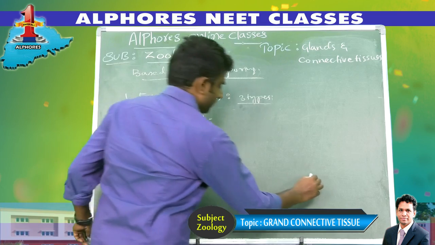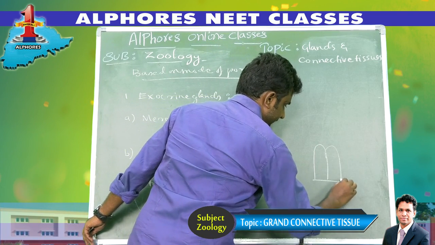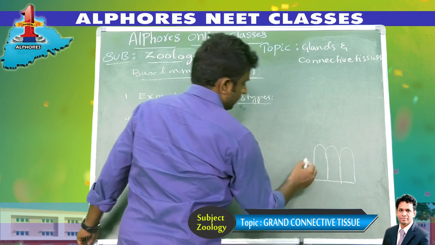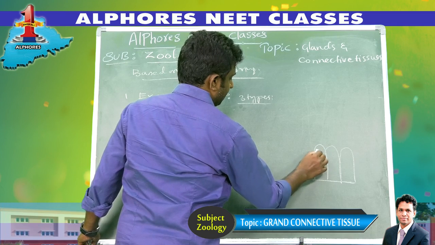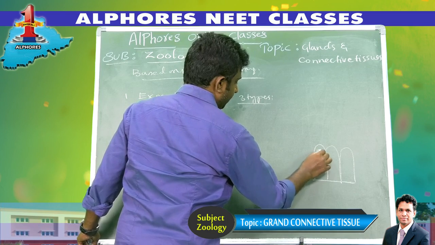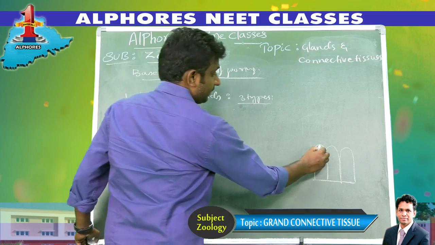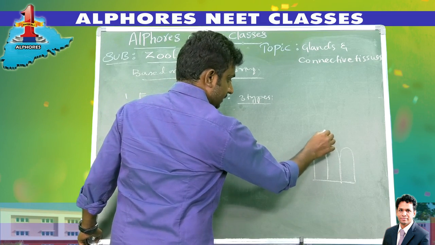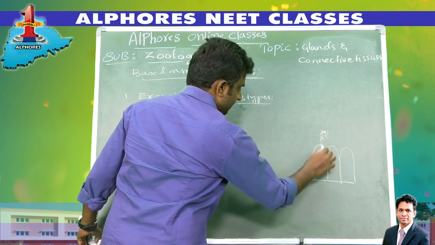Merocrine glands, for example this one, is an exocrine gland. Here secretory material is present inside the cell, and it is released outside into other tissues without damaging the cell.